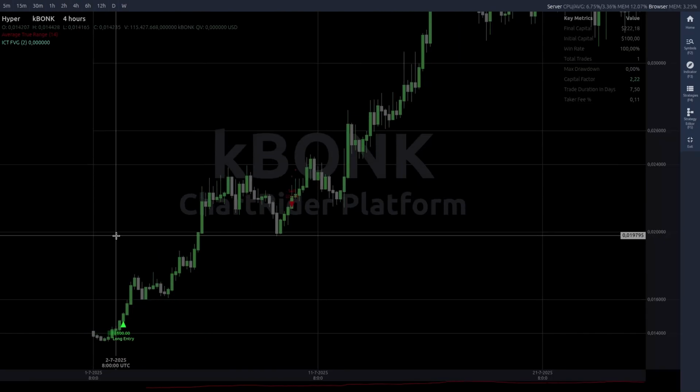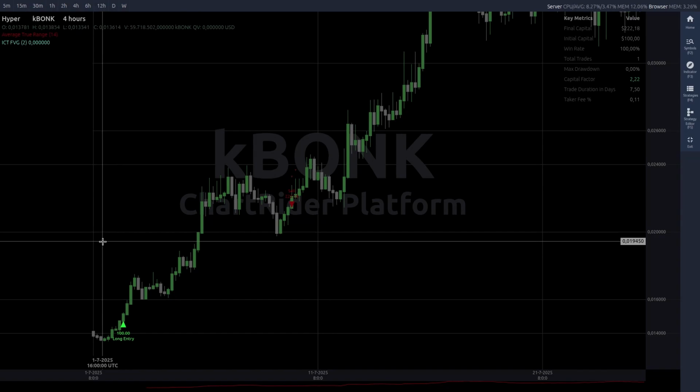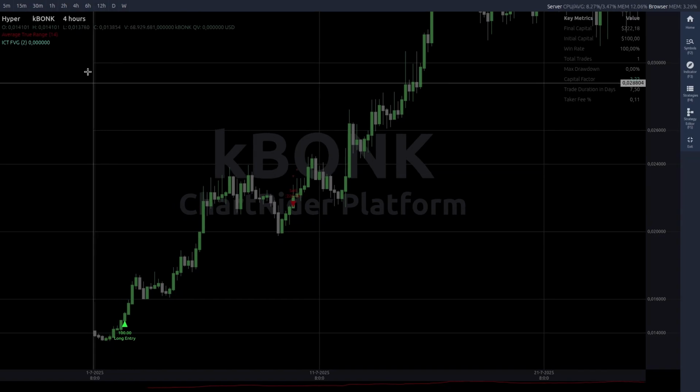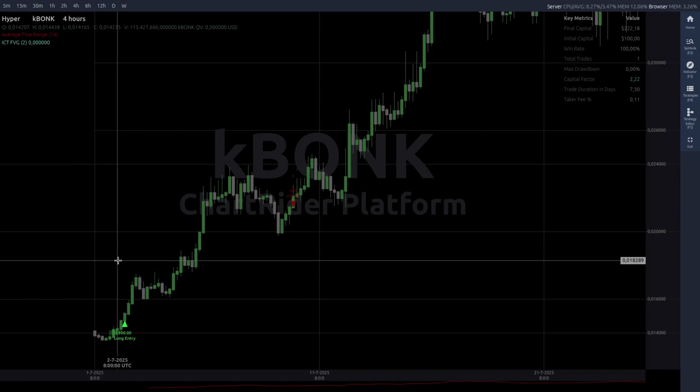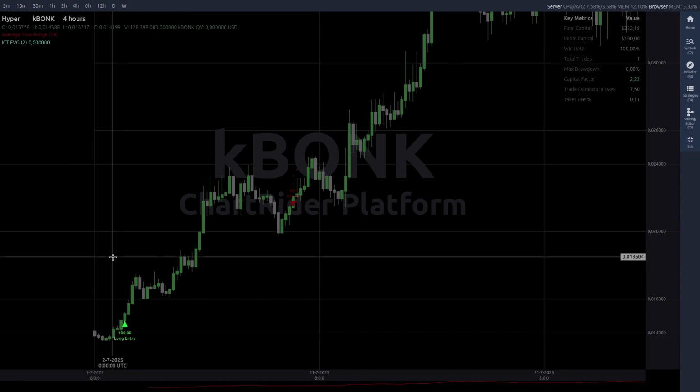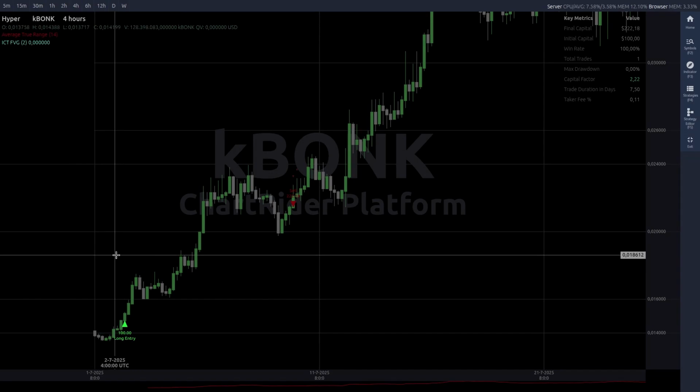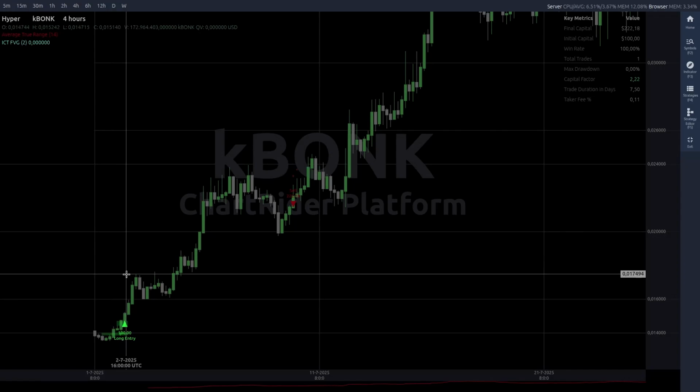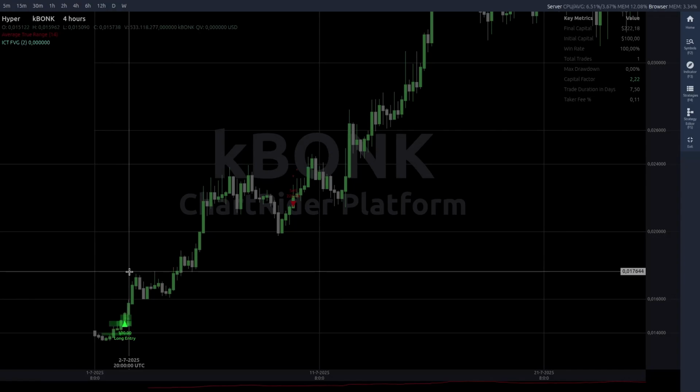You can have fair value gaps on your base time frame, like in this case 4 hour maybe. But you can also have fair value gaps on 8-hour, 12-hour, daily candles. The algorithm would not see these as a fair value gap because it analyzes only 3 candles.